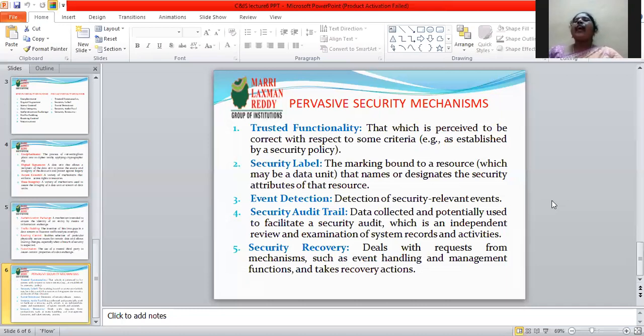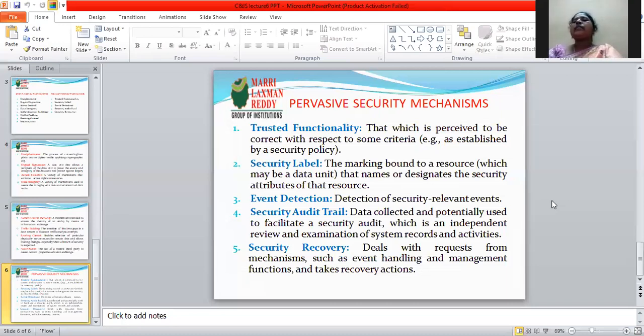And security audit trail. Here, the data is collected and potentially used to facilitate a security audit, which is an independent review and examination of system records and activities. Audit trail is examination of system records. All are activity reports and reviews.